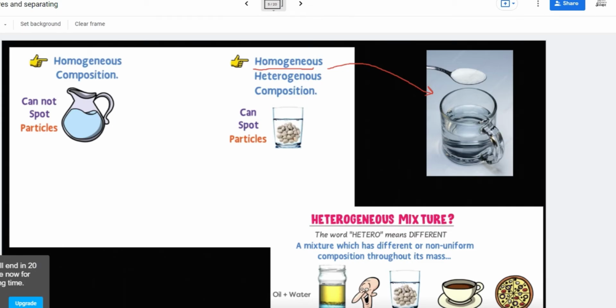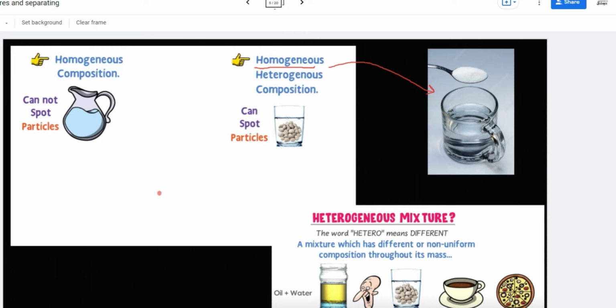The word hetero, as you know, means different. One of the best examples you can see in your homes is oil and water. Mix oil and water, and you can easily spot the particles. So in mixtures, the composition could be homogeneous or heterogeneous. It could be both.